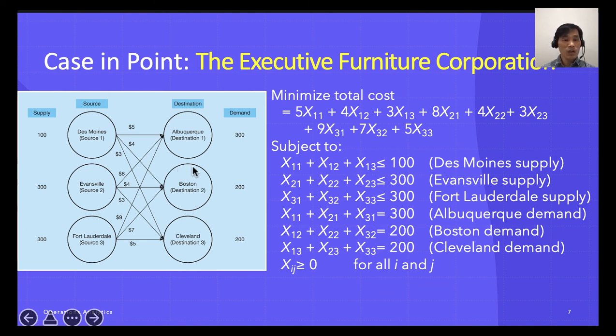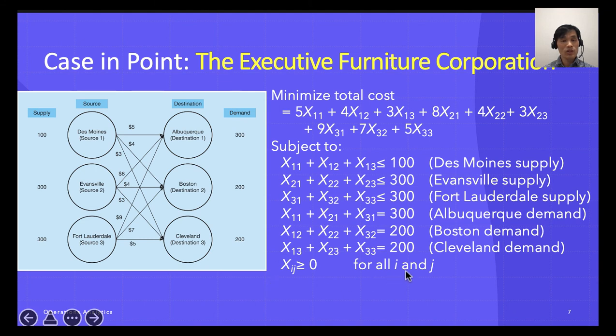And in the same way, for Boston, there are three places you receive the order, so the destination is fixed. However, the source city is changing, 1, 2, 3, and that's 200. And then the same way for the third place, Cleveland, the destination is fixed and the source city is changing, and it has to be 200. That's met here, and that's how you are setting up your constraints.